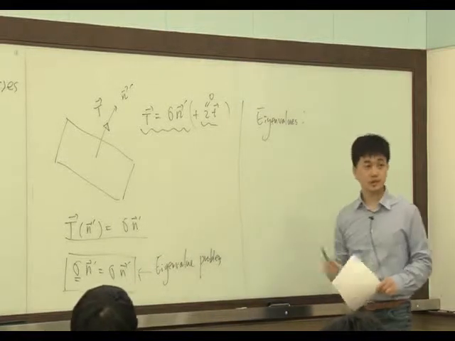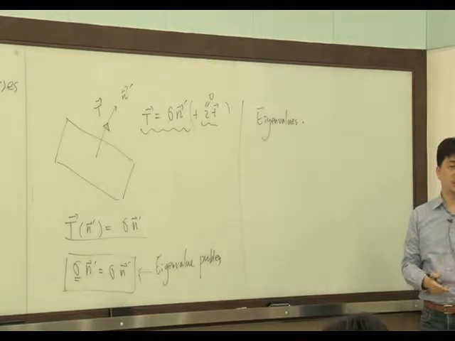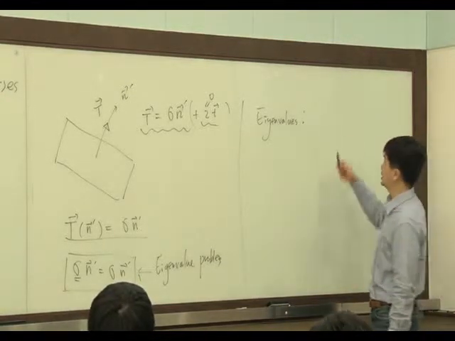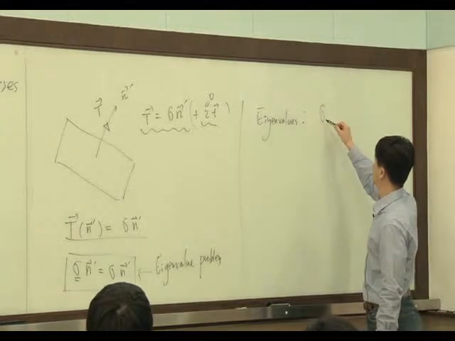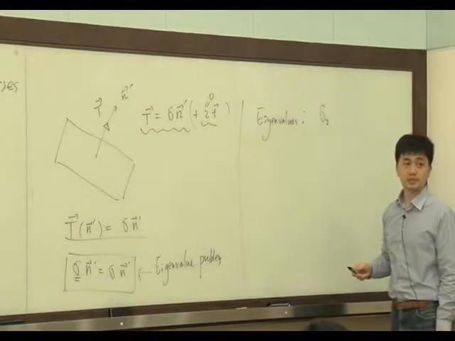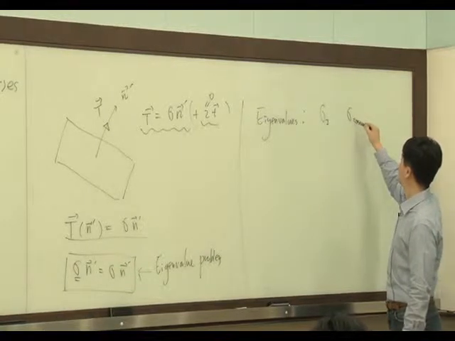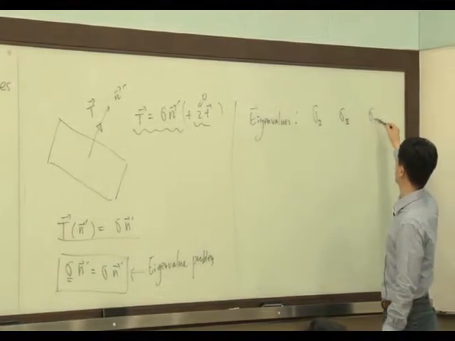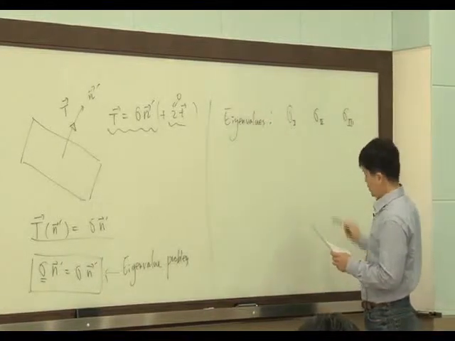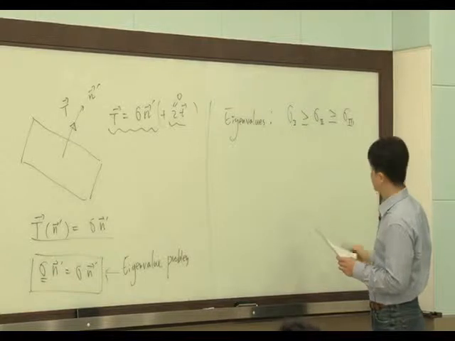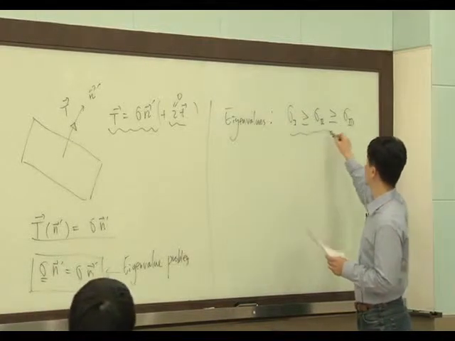Because the stress tensor is a 3 by 3 matrix, we can find 3 eigenvalues, and those 3 eigenvalues become the principal stresses. Stress 1, stress 2, stress 3. And usually we can have a principal stress.